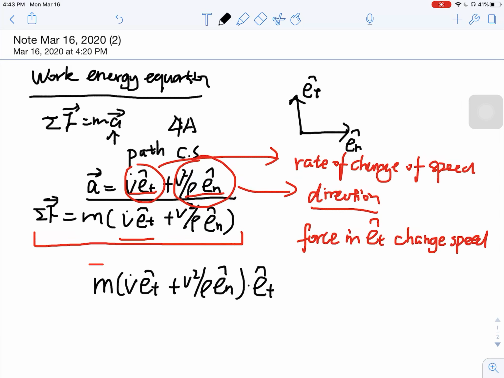This is the dot product on the right side of the equation. Same thing, the dot product on the left side of the equation, with et hat. Now we have this dot product on both sides of the equation. We can keep simplifying this.